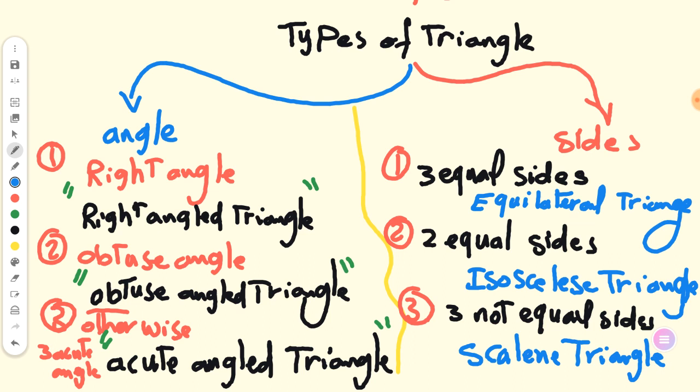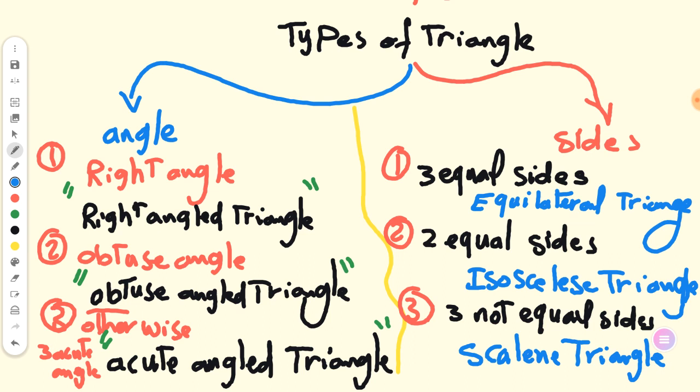Now, as you see, the types of triangle by angle are: right angled triangle if it has a right angle; if it has one obtuse angle, obtuse angled triangle; otherwise, if all three angles are acute, acute angled triangle.